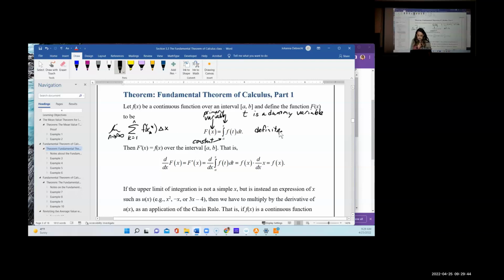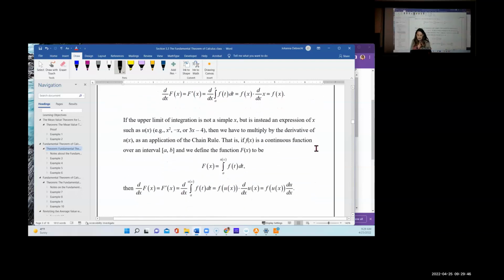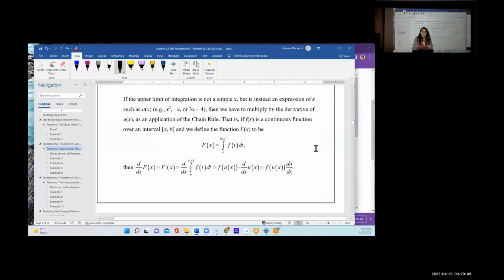Now let's suppose that the upper limit is not simply x, but is instead some expression involving x. So it could be like x squared, negative x, 3x minus 4, whatever it happens to be. So we'll take an example here and we'll work through it. Suppose that we have the integral from 2 to, let's just say, 3x minus 4 of some f of t dt.